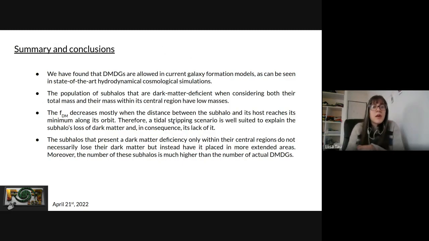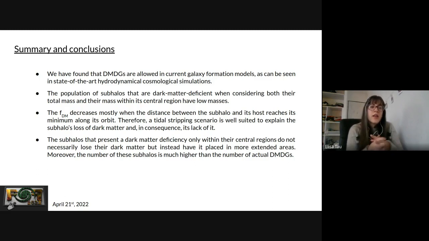So to sum up, I'll leave you with these conclusions. Mainly, we found that dark matter deficient galaxies are allowed in current formation models because the Illustris-TNG simulations use the lambda CDM model. This population of dark matter deficient galaxies is generally made up of low mass galaxies.